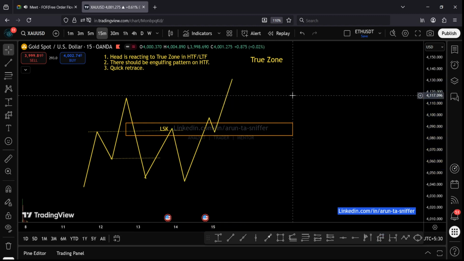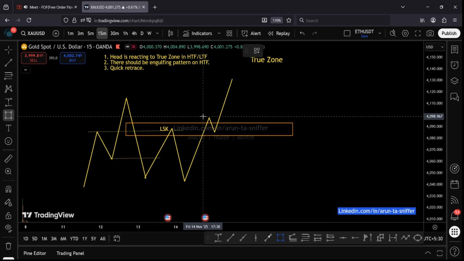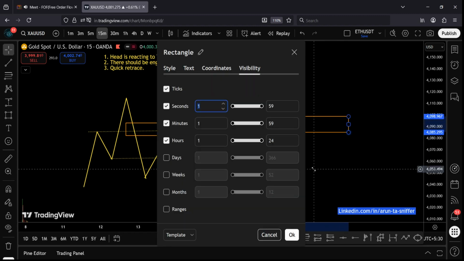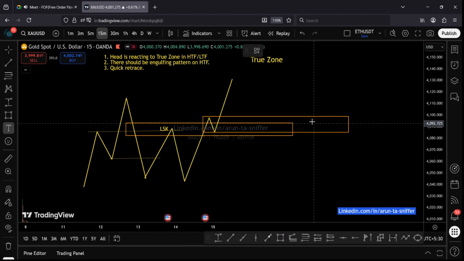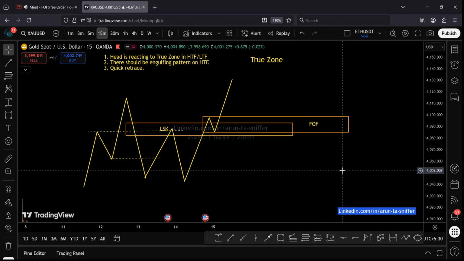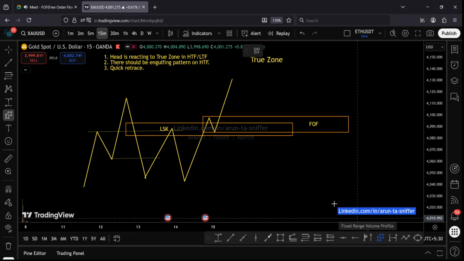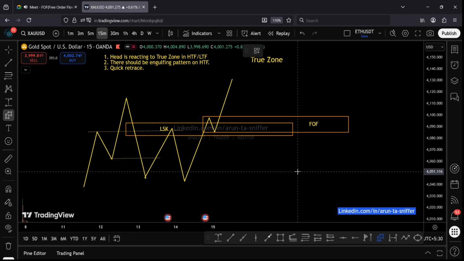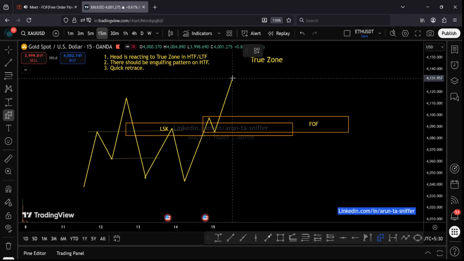And this zone is our pre-order flow, FOF. So in future whenever price comes here, this FOF, pre-order flow, doesn't work as a setup, and we always look for the PA in lower time frame.